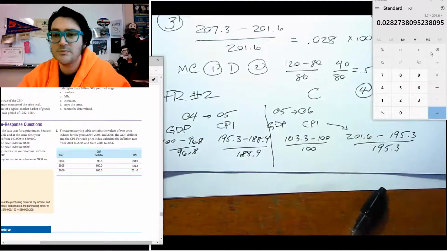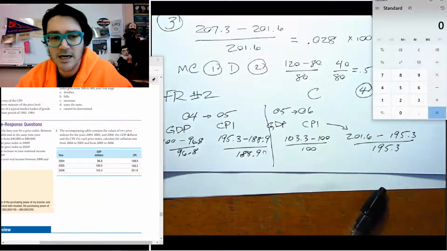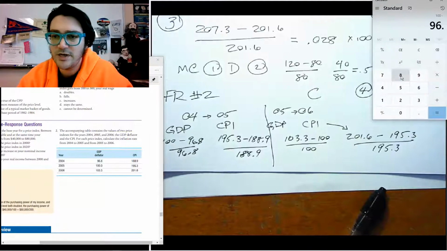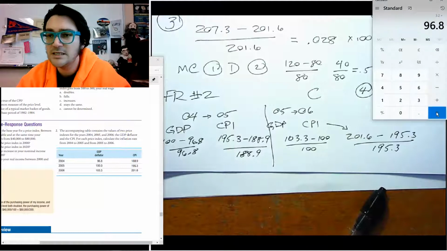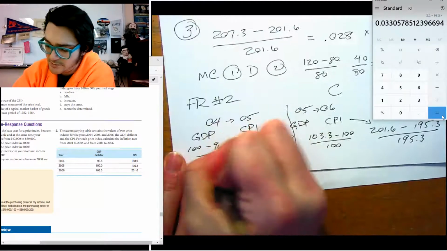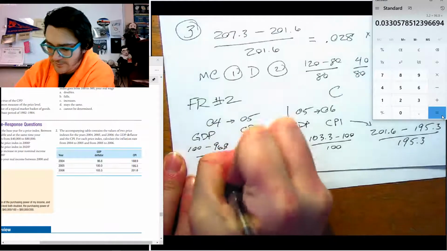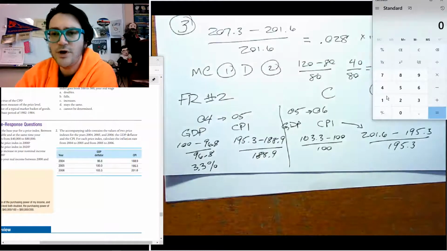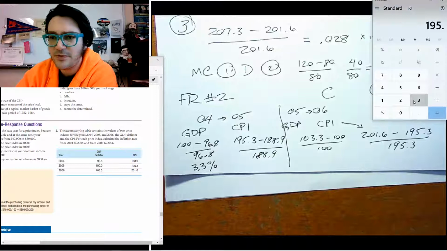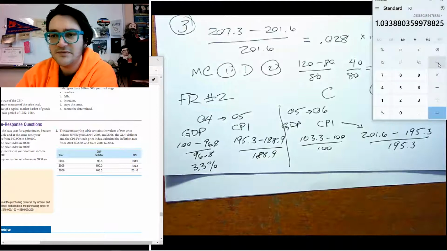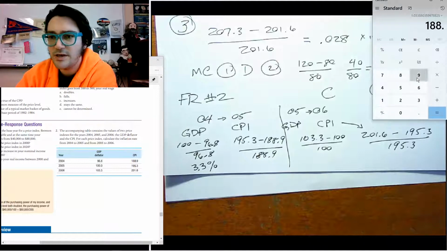So let's plug some numbers in and see what we get. For this one, we had 100 minus 96.8 equals 3.2 divided by 96.8. So that's 3.3%. Then 195.3 minus 188.9 divided by 188.9.